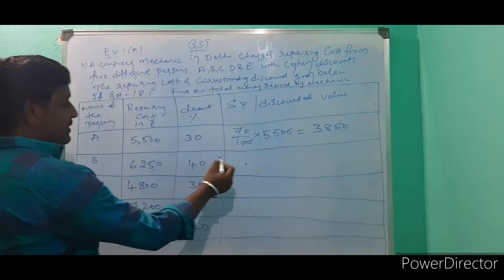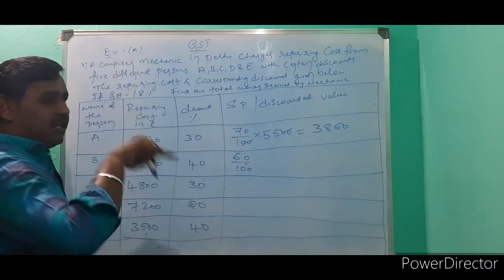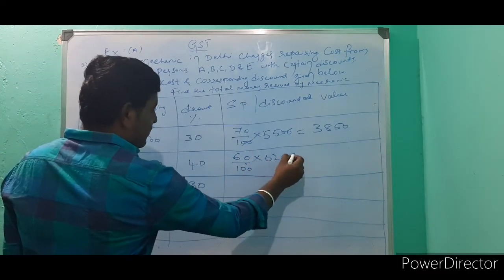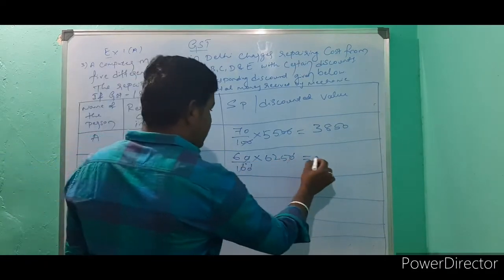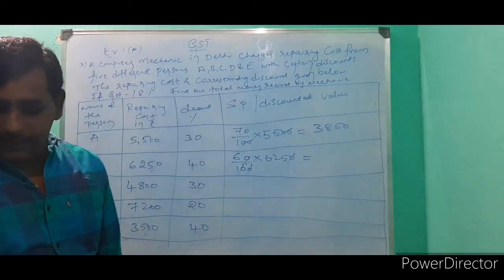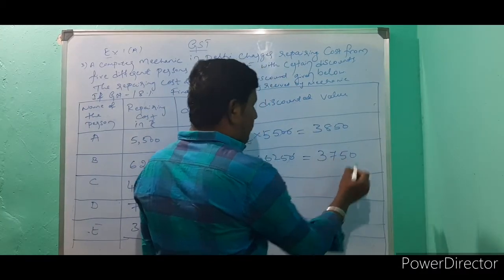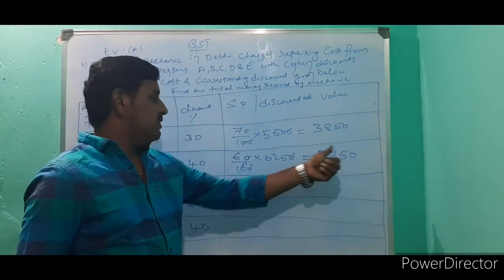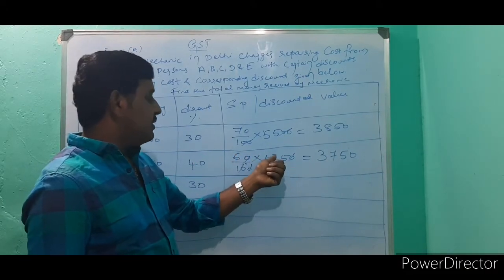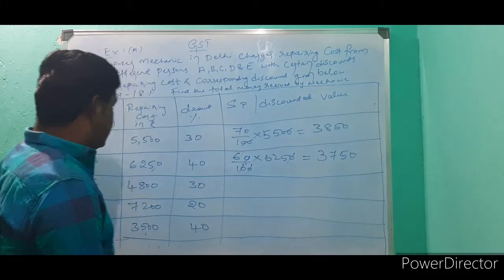For B, 40% means 60 for the discounted value. 40 means out of 100, 40 is less, so 60 divided by 100 into 6,250. 10 and 10 get cancelled. If you multiply 625 into 6, you will get 3,750. Multiply 6 5s are 30, 0, 6 2s are 12 plus 3, 15, 5, 1, 6 6s are 36 plus 1, 37. You get the same.